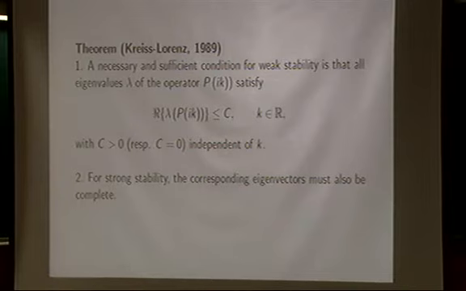So I have here the wave numbers, and then you calculate the real part of the eigenvalues, which is bounded by a constant. For example, C is bigger than 0, or C equals 0, then it corresponds to weak stability. For strong stability, the system must be complete. Complete means the eigenvectors are independent. So that is the main theorem for stability.